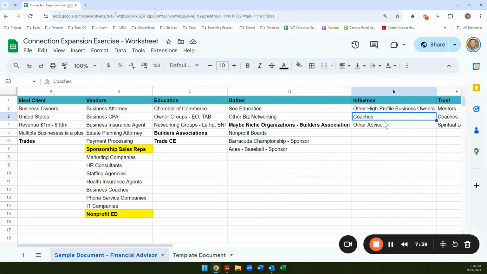Then that might be perfect because I can go after them and say, hey, I want to be a value add for your ideal clients in this sector that I'm playing in. And some of my ideal clients might be a fit for you. Maybe they can write checks for the things you're doing, right? Because I have those kind of business clients. This is how we start to move through this process and develop that win-win.